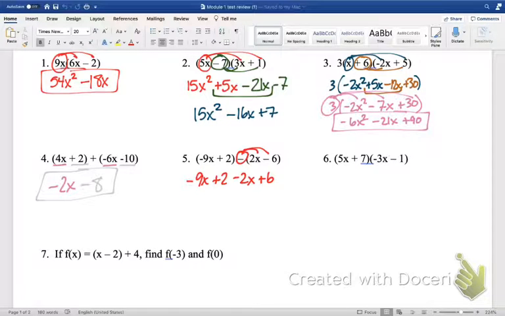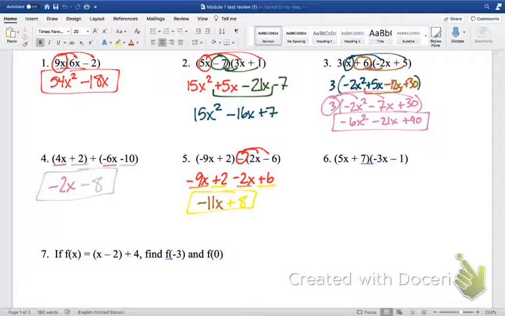We'll recognize that we have like terms, and I will need to combine them. And when I do combine them, negative 9x and negative 2x gives me negative 11x. And plus 2 plus 6 gives me plus 8. And there we go. Negative 11x plus 8.